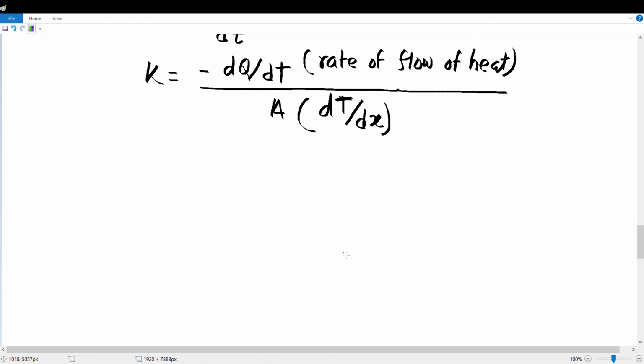And if this area of cross section is unity, and the temperature gradient is unity, then we can define the coefficient of thermal conductivity.